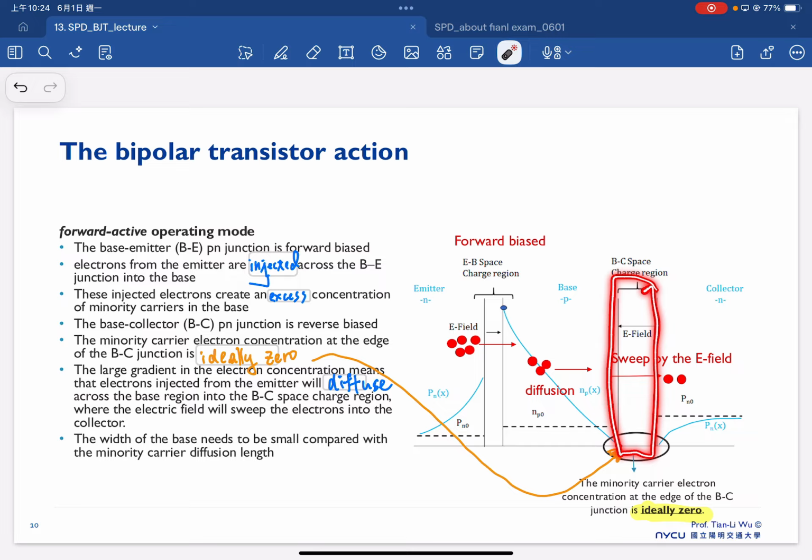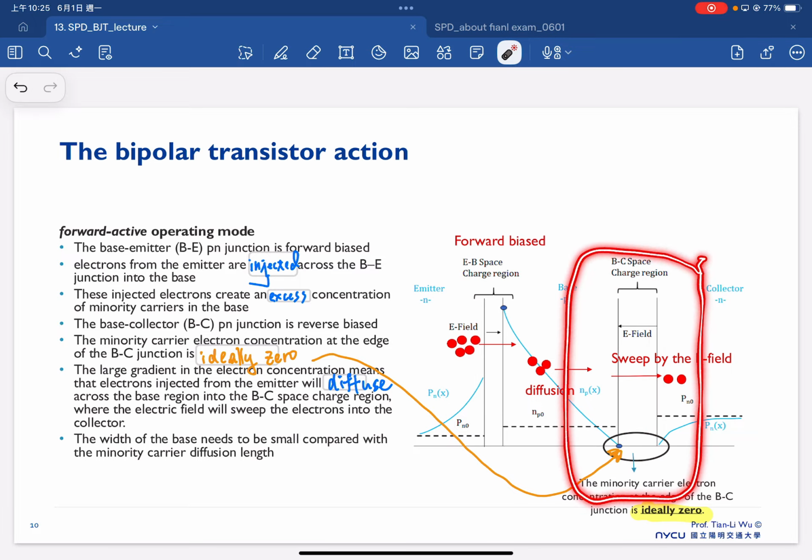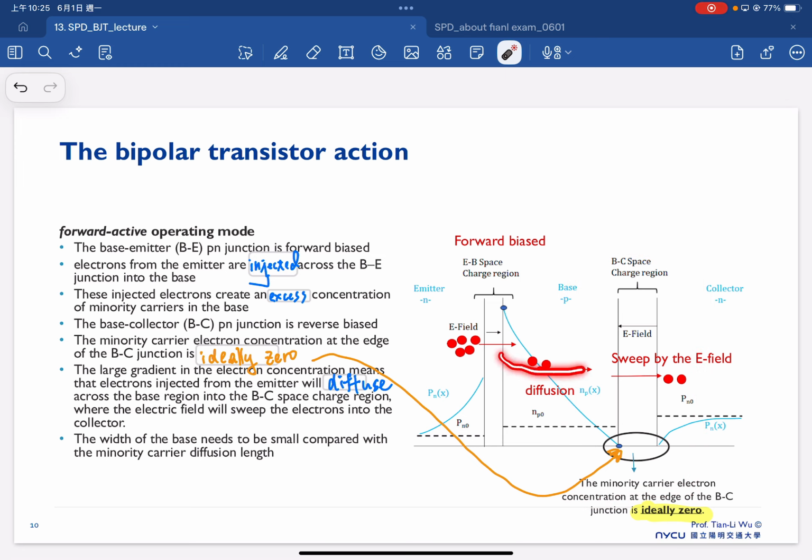And now, because this is under reverse bias, the electrons that diffuse to here are injected into the collector because the electric field will sweep the electrons into the collector region. So the electrons are accelerated and swept by the electric field, and in the end reach the collector side.